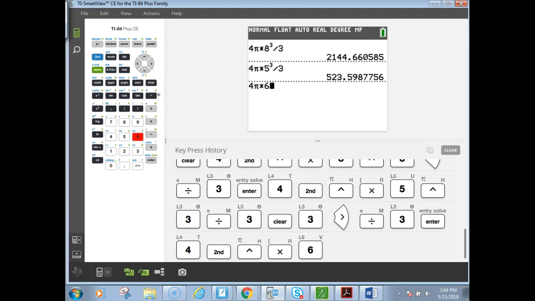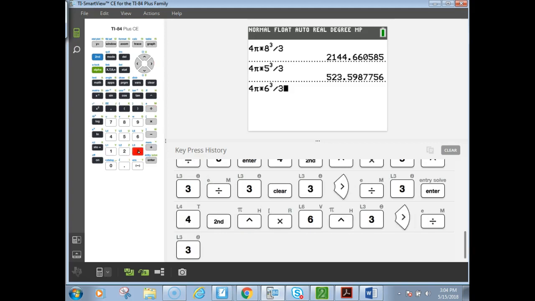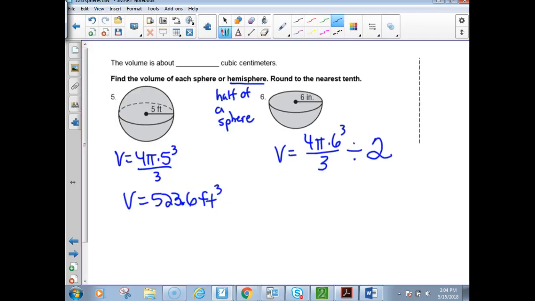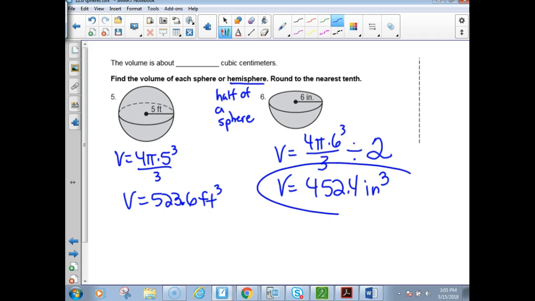Times 6, arrow up to the third, get out, divided by 3, and then divide by 2 after that. It looks really weird when you type it like that, but it works. It's 452.4. Anybody not getting 452.4? Oh, you did? Okay. Cubic inches.